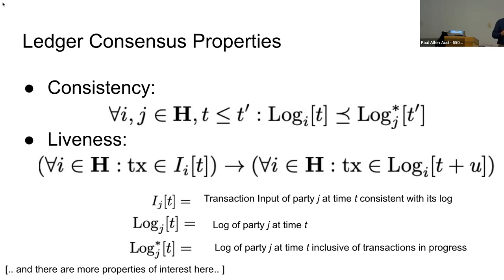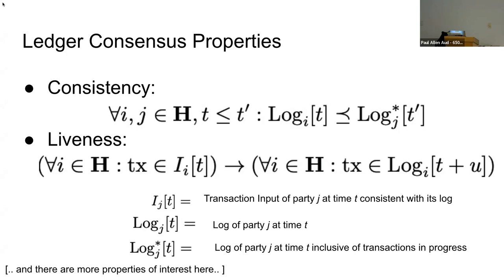Now, what's the other? We also want this common prefix to have transactions, right? We don't want it to be empty. So it should be the case that if the servers see an input that makes sense to them, and that's what you see in the first part of this, so if for all honest servers they have a transaction that is consistent with their view at a certain time, then if some time passes, let's say U steps, let's take a synchronous model here, where time passes in the same way for all of them, that transaction should be in everybody's ledger.